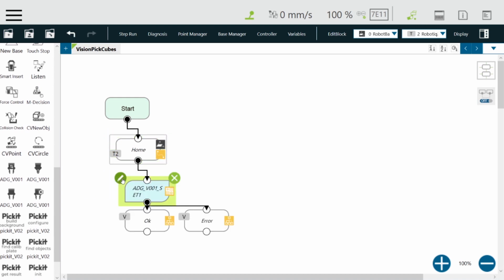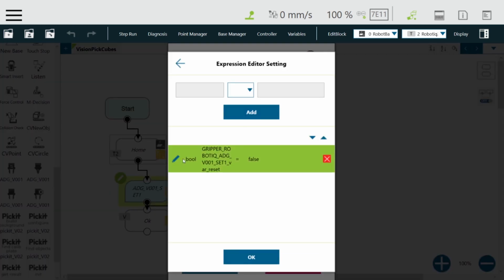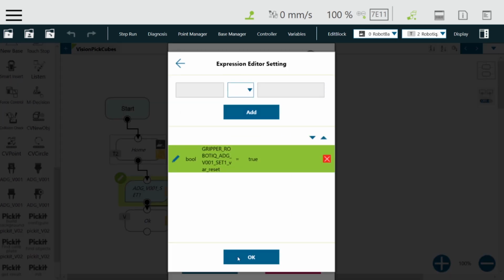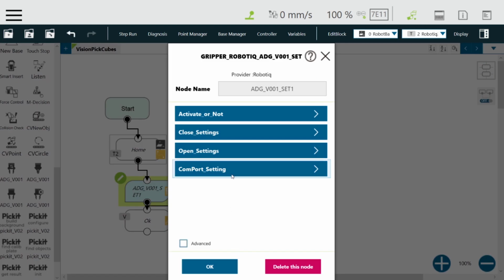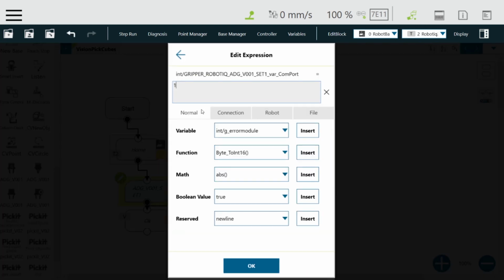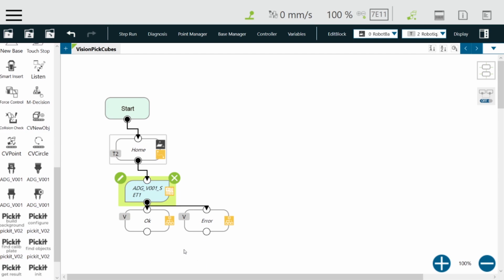Next, we have to make setups for the robot gripper in use. This step depends on the used gripper. For example, the gripping force, speed, etc. can be defined here. And now it's ready.